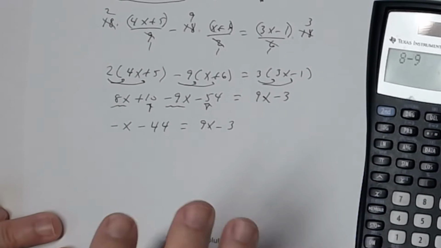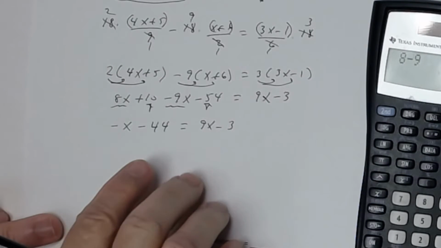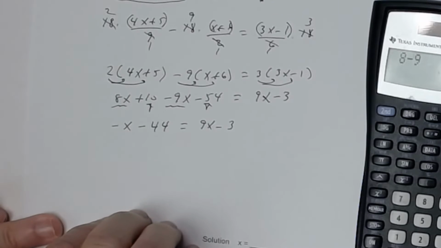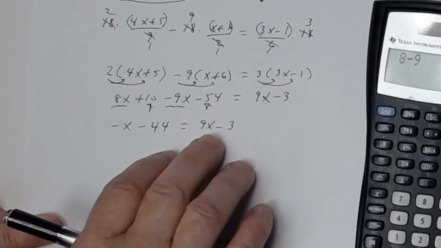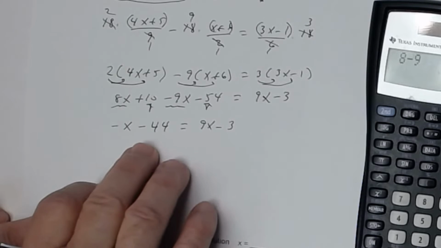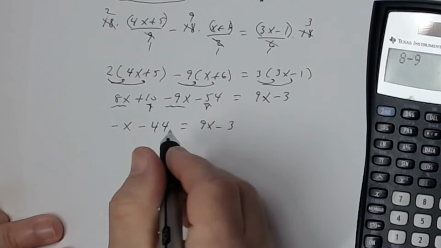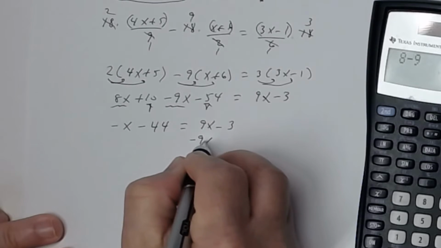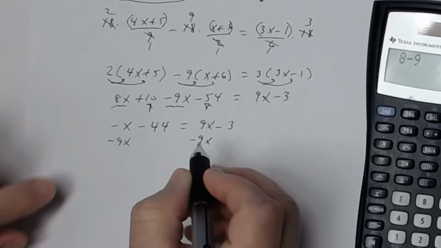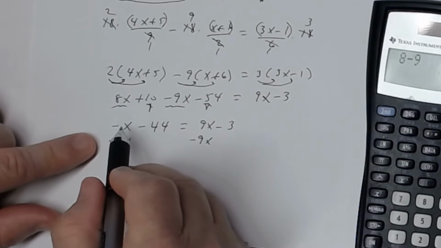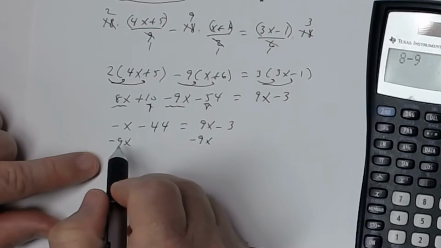All right, now there are several ways you can do this. You can bring the variables to the right or bring the variables to the left. It does not matter. I'm going to just bring the variables to the left because that's what some of you did, and you had to be a little bit more careful when you did that, but let me go ahead and show you. So I'm going to subtract 9x from both sides. Now be a little bit careful here. This is understood to be a negative 1x and a negative 9x.